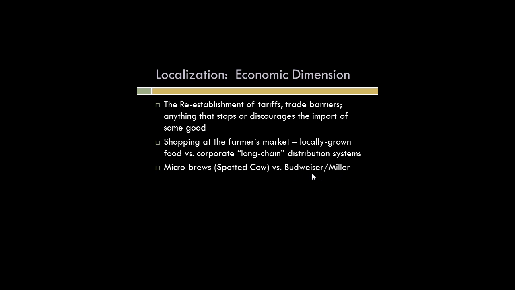And both of these big macro breweries have a global distribution chain, so you can buy their products all over the world. On the other hand, Spotted Cow, which is brewed in southern Wisconsin, is a really tiny, almost artisanal workshop-like scale of production. They only have a few employees, and they don't have the capacity to brew on the scale that Budweiser and some of the other macro breweries do.